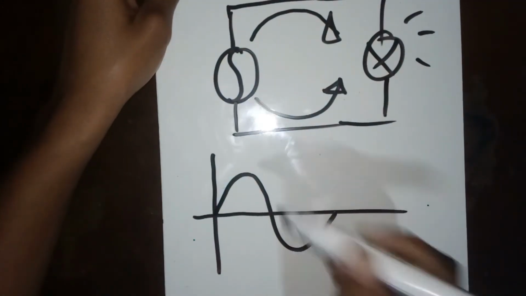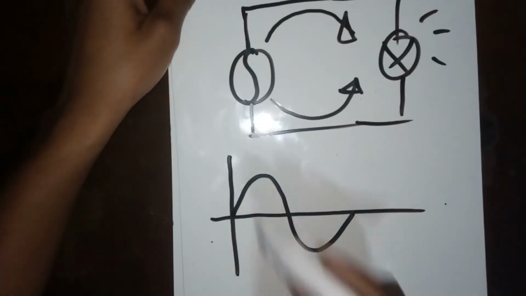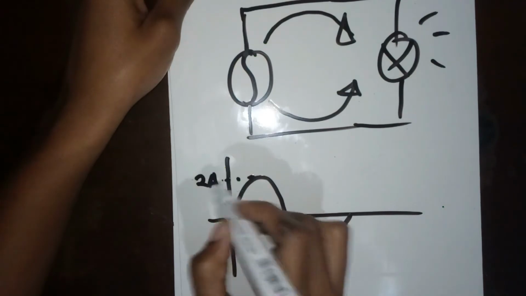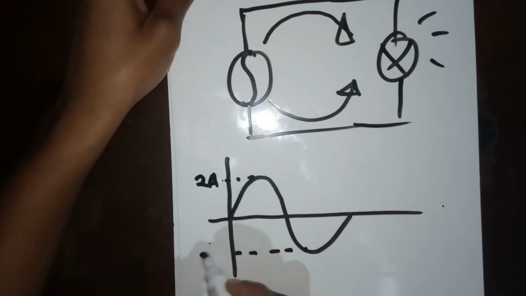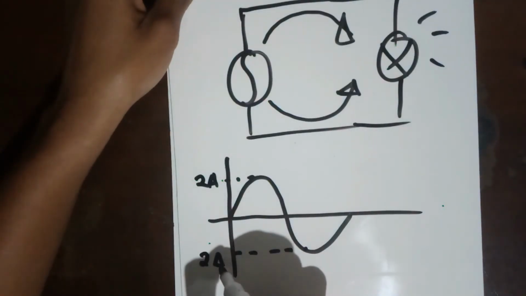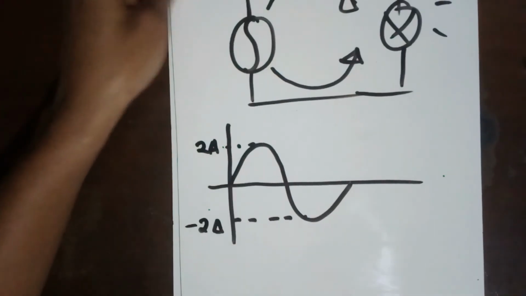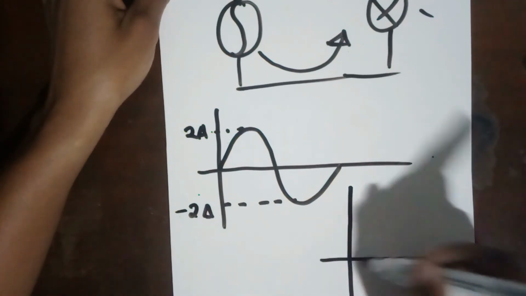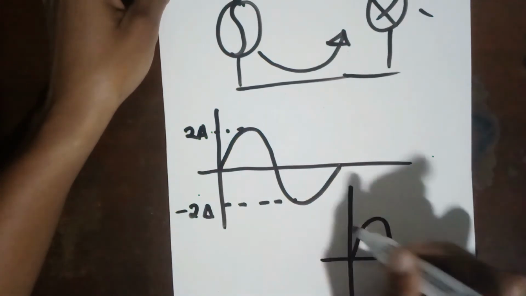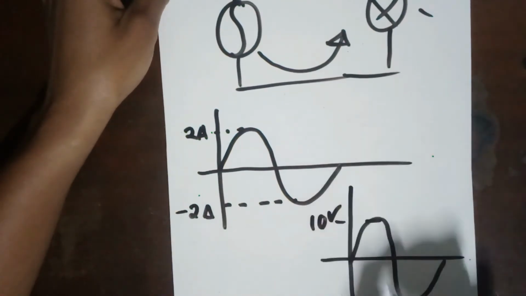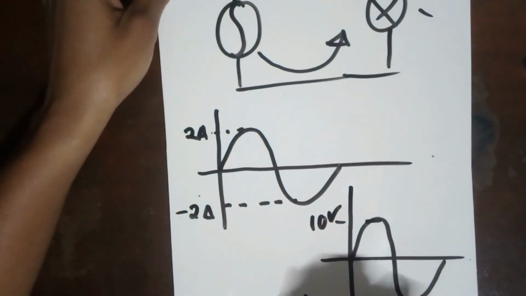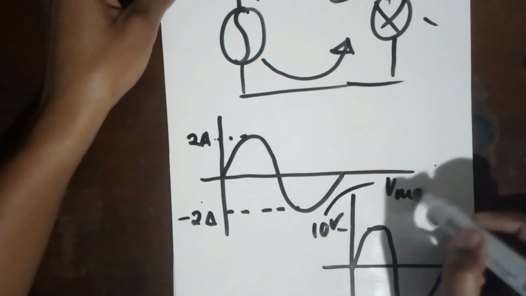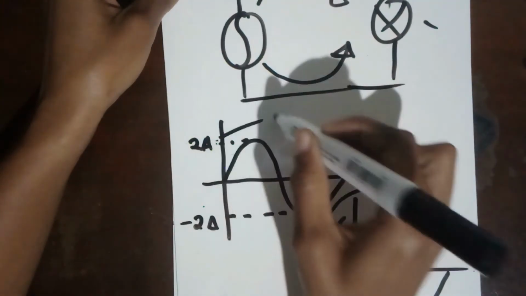That's the difference there. Maybe the maximum current supplied would be 2 A, and then here we would have the minimum, which is negative 2 A. The same thing we can say for the potential difference V. Maybe we'll have 10 V here, and then a negative 10 V. So this would be what we call Vmax as well as Imax.